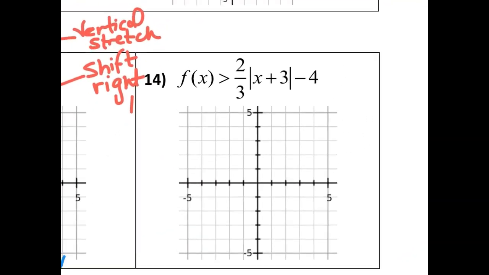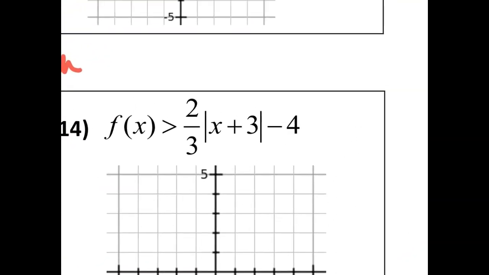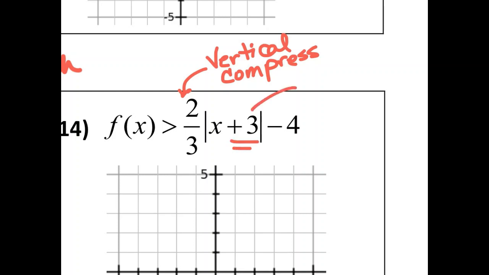Now let's take a look at number 14. Number 14 is going to have a vertical compression. That means that the slope of the line is going to be 2/3. The +3 on the inside means a shift to the left, and the -4 on the outside is a shift down.